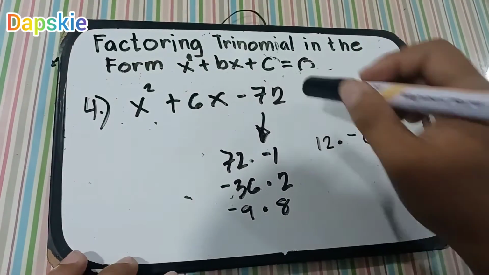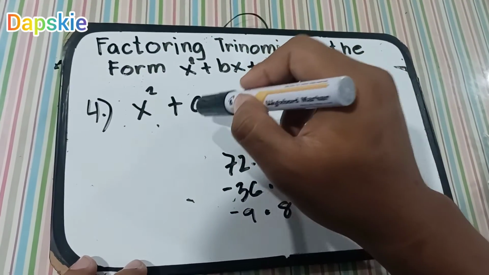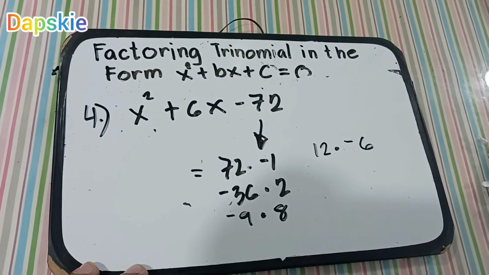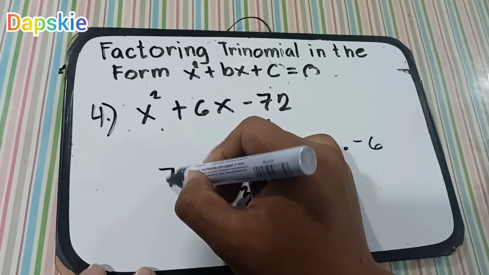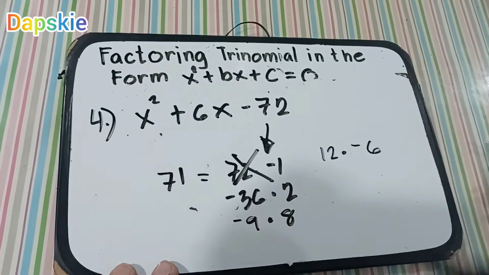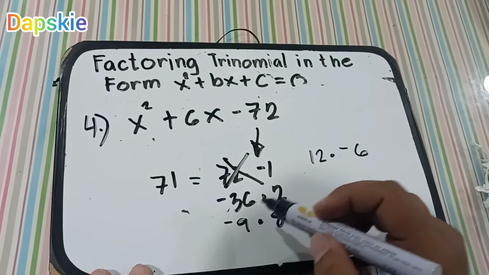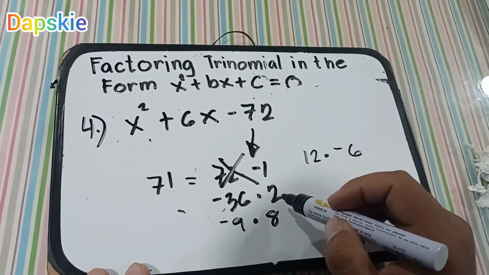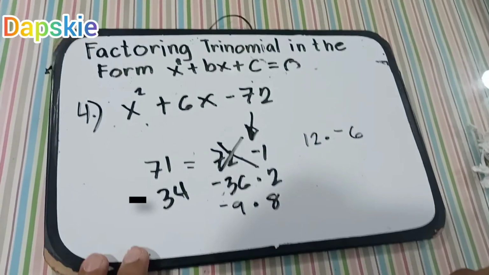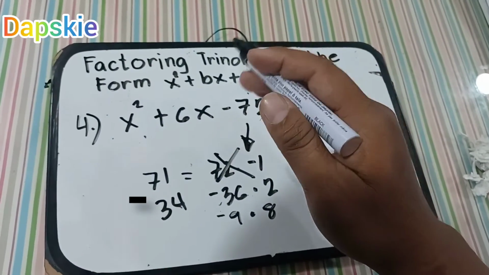If we add, we are looking for the number 6. 72 plus negative 1 is 71. Different signs, subtract. This is not the factor we will use. How about negative 36 plus 2? That is negative 34, not what we are looking for.